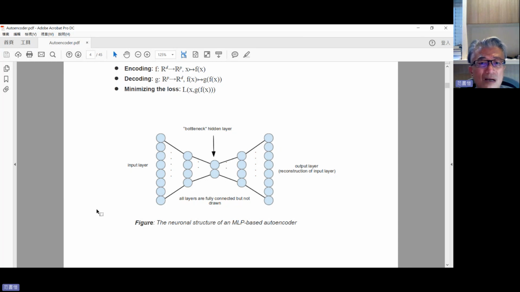It's not necessary to use the MLP; instead, it can be replaced by an LSTM or a CNN layer. The input layer, the bottleneck hidden layer, and all layers are fully connected, but not drawn. And the output layer is the reconstruction of the input layer.